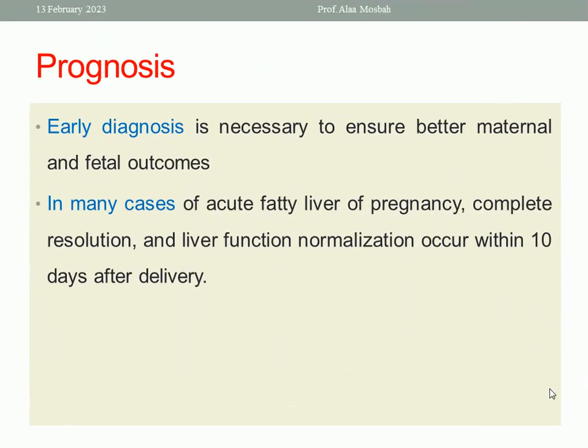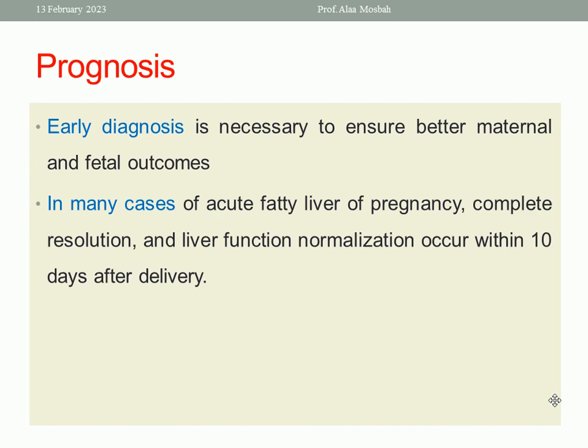What about prognosis? Really, the problem with acute fatty liver of pregnancy is the delay in diagnosis. So with early diagnosis, you can save the life of the mother and the fetus. So early diagnosis is necessary to ensure better maternal and fetal outcome.